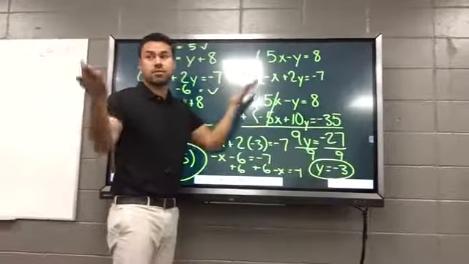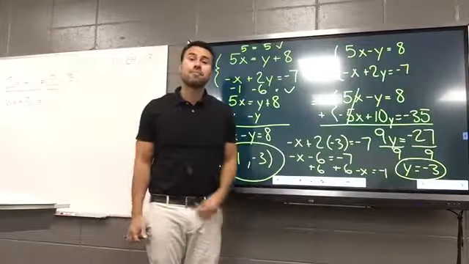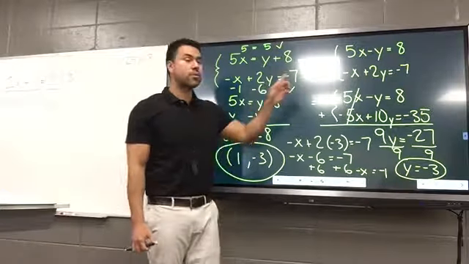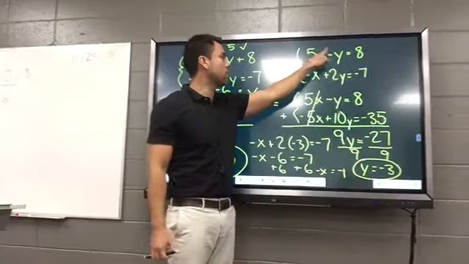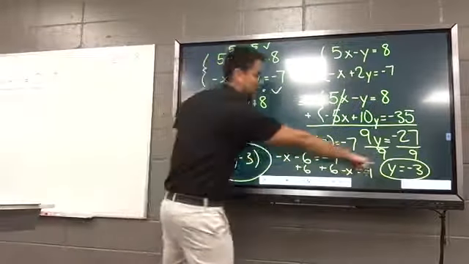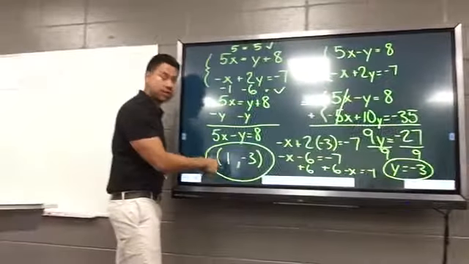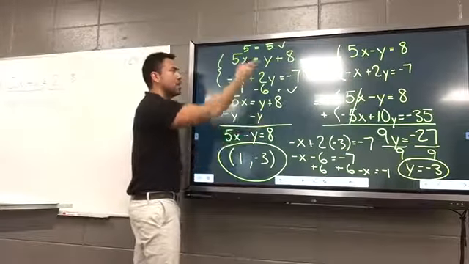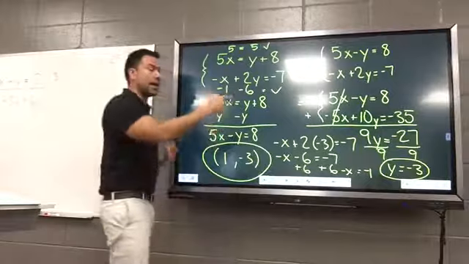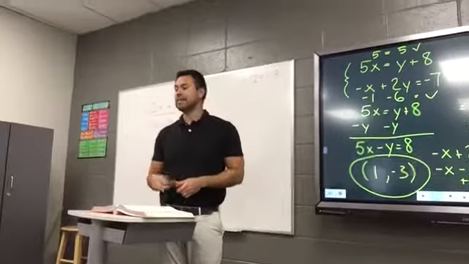It's your choice. It doesn't matter which one you do at all. You could go either route. Some of you eliminated the y's, so you got x equals 1 first, then you plug it in, and then you get y equals negative 3. I did it in reverse. We still get the same answer, which is good, and that's the whole point.